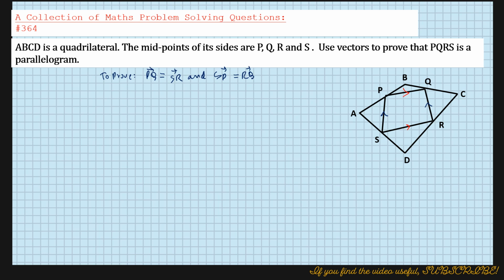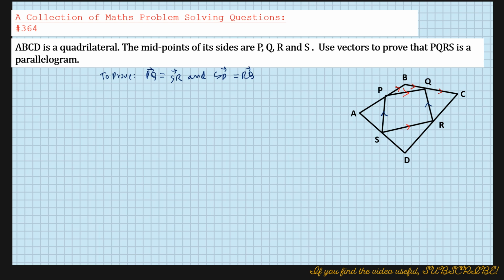If we start with PQ, we'll first do the directions. So PB plus BQ equals PQ, and B to Q and Q to C would also be in the same direction.